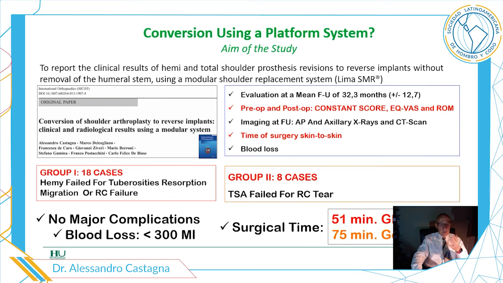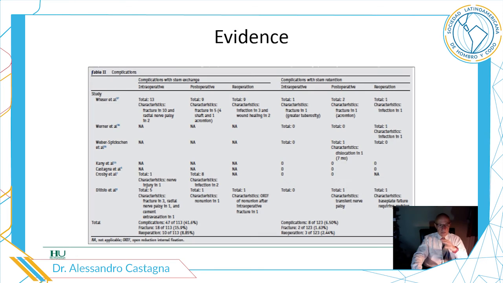And I published the first big paper about this a few years ago, comparing two groups: the AMI failed for tuberosity resorption after a fracture, and the total failed also for rotator cuff. And the results were very good. No major complication, poor blood loss, and a quick procedure if you use a system that allows you to keep part of the implant in position, including the stem and the base plate.